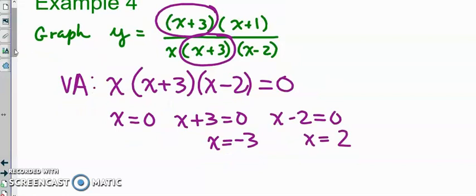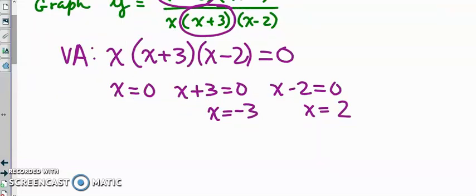Technically it's not a vertical asymptote, because you can cancel those out. x cannot equal -3 because it would make the function undefined. If we put -3 in the denominator, that's -3 plus 3, which is 0, and since we're multiplying, everything in the denominator would equal 0, and you can't have that. So technically it's not a vertical asymptote, because the numerator and denominator both have that factor in it. So I'm going to write this out.